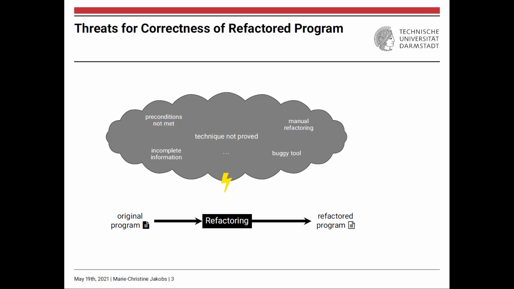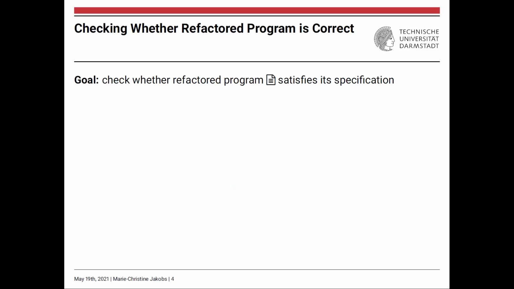As you see, there are several reasons why a refactored program might not be correct with respect to the intended specification. So the question is: is the refactored program indeed correct with respect to the specification? Therefore, the goal should be to inspect whether the refactored program is correct with respect to its specification.